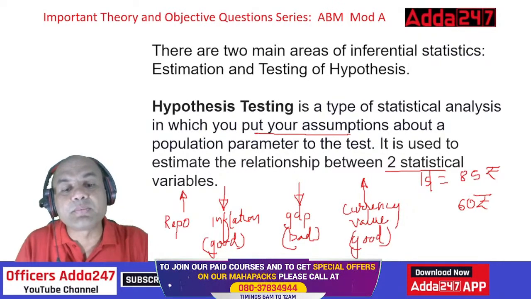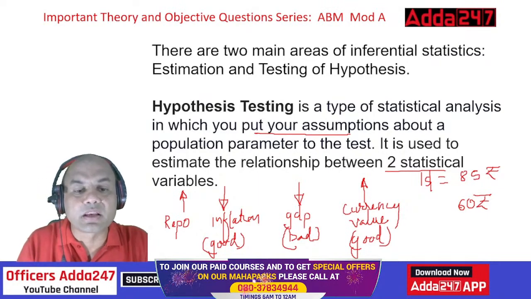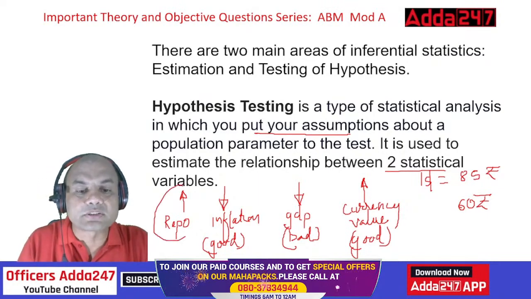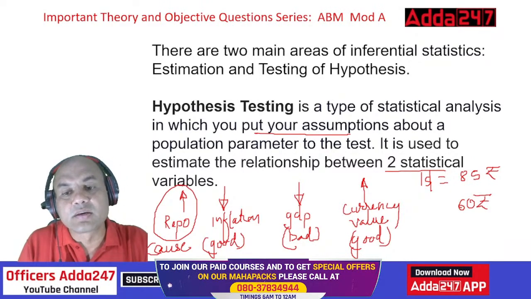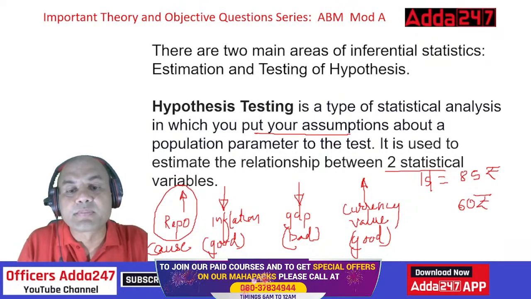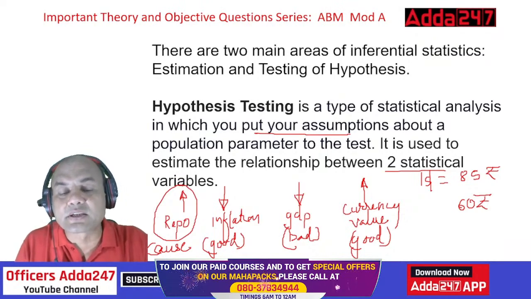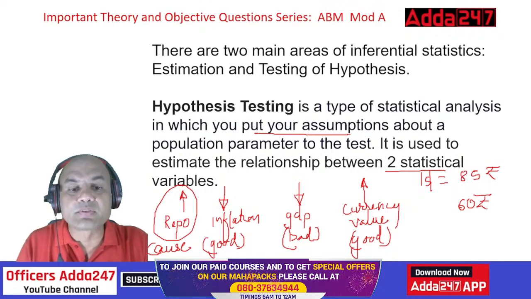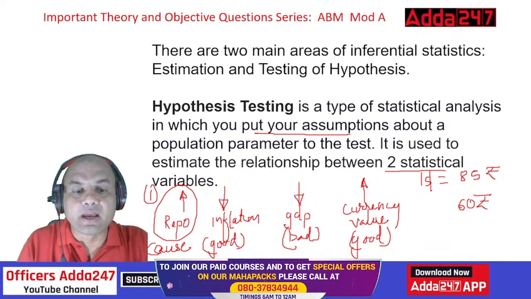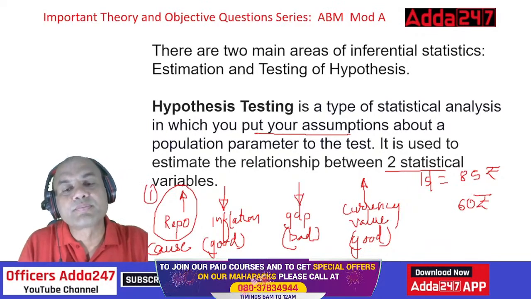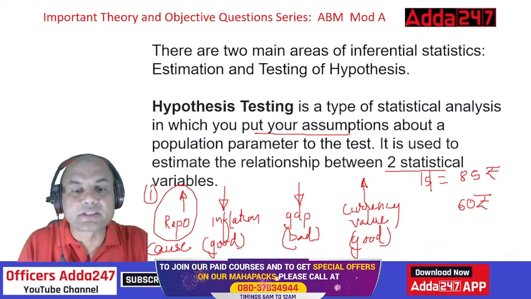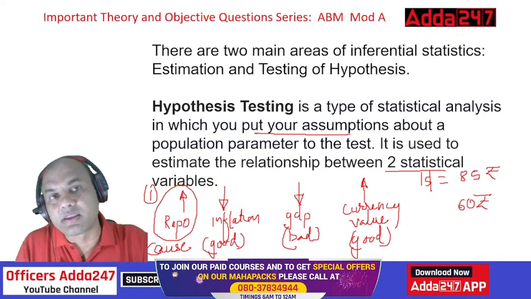So how many parameters have we checked? We have checked repo. This is the cause, and these are the effects. So we have checked three effects. But what do I say over here? Relationship between two statistical variables. In hypothesis testing, we check each one separately.